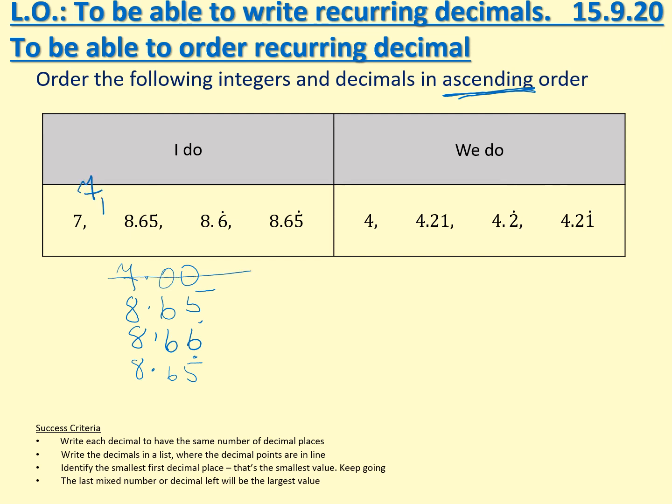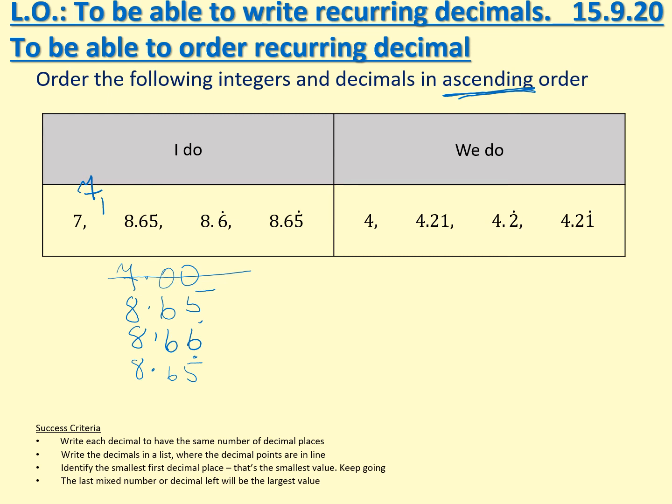Then we've got 8s. Okay, so we are looking at the last digit, the hundredth position. So we have 2 very similar numbers, 8.65 and 8.65 recurring. So to make it easier to compare, we might go one decimal place more.